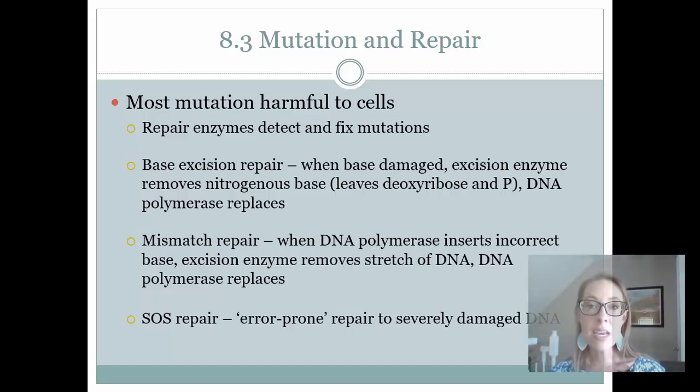So it could be an A, a T, a C, or a G. Well, when this nitrogenous base is damaged, or it is chemically messed up in some way, it can affect how the DNA is read. And so the cell wants to go in, identify that it's there, and pull it out.